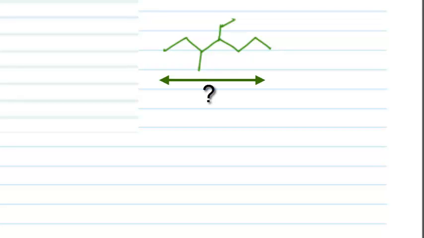Well, we want to go in the direction that gives us the lowest possible combination of carbon numbers for the substituents. If I number from left to right, I end up getting carbon numbers of 3 and 4 for my substituents.